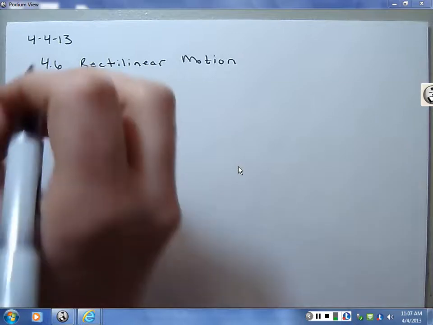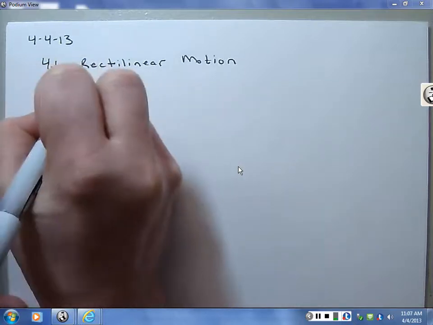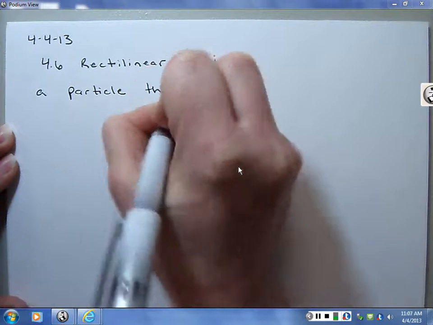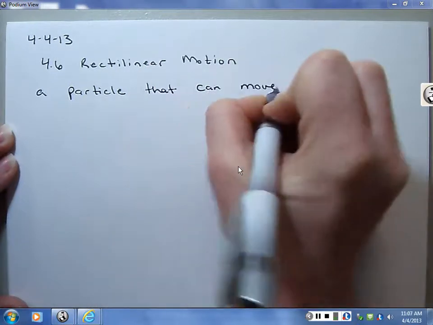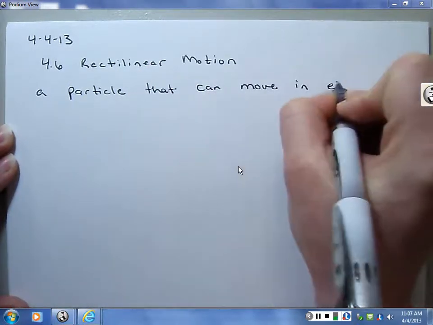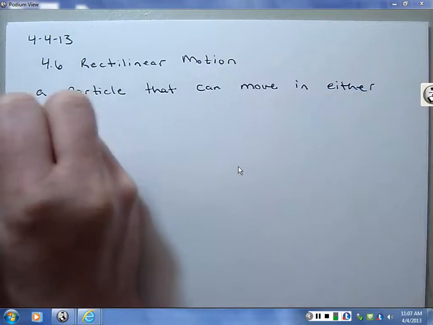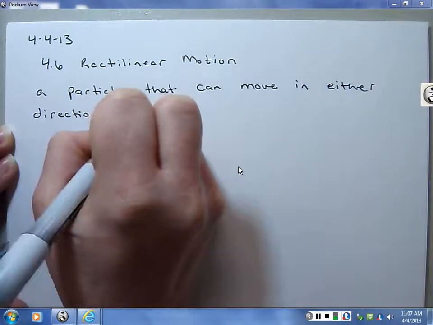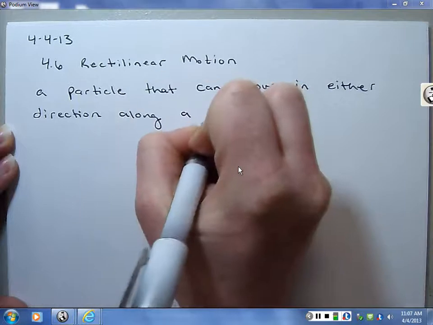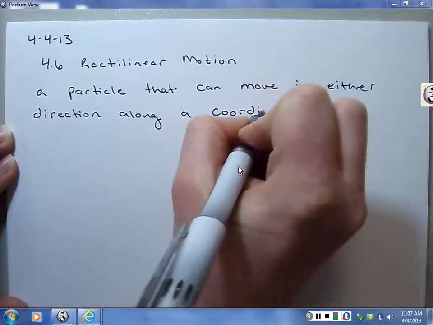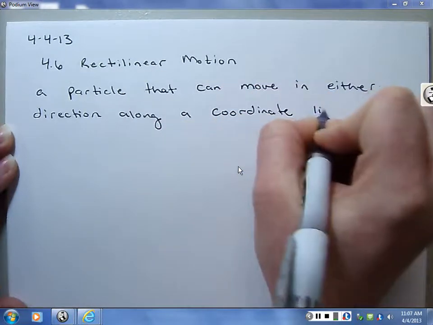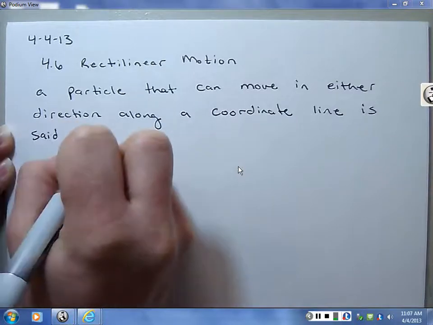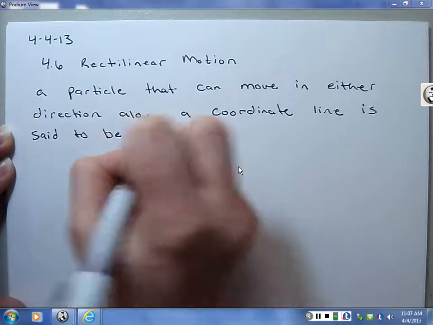So a particle that can move in either direction along a coordinate system or a coordinate line is said to be in rectilinear motion.